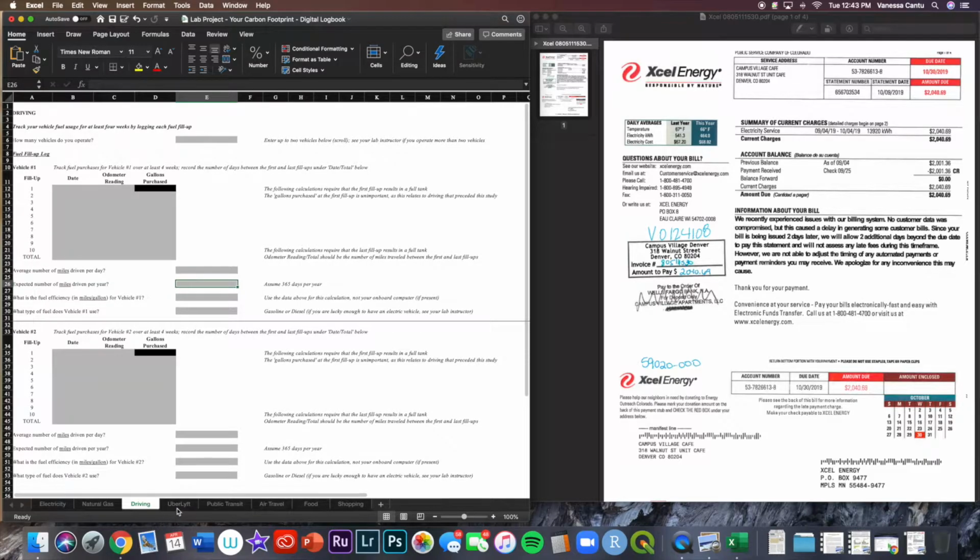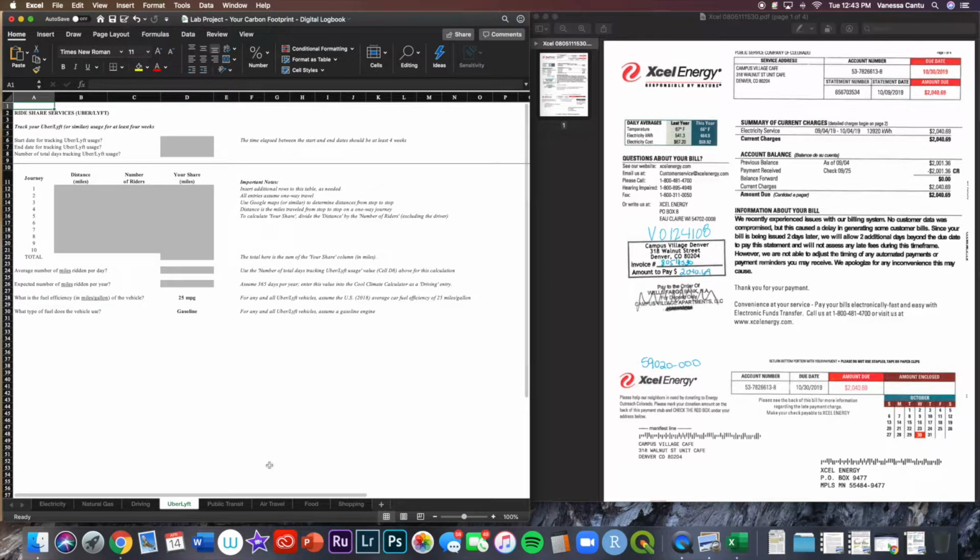And then Uber, Lyft, it's going to be the same thing as the driving. You'll have the number of miles that you traveled, if you shared the car with anybody, and then your share of the miles. I would calculate the number of riders: if it was just you and the driver, I would calculate that as two riders.